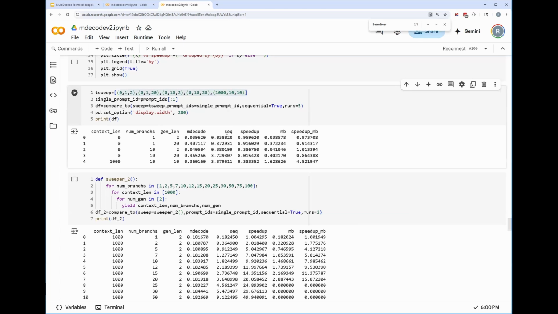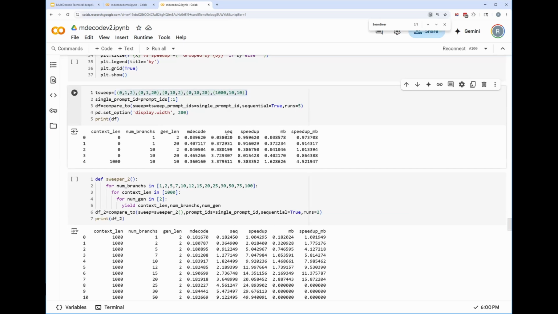So I should mention one thing. Initially, I did this naively, and so when I did sequential, I actually ran the generation n times, where n is the number of branches, and then timed that. In here, that was taking a long time.